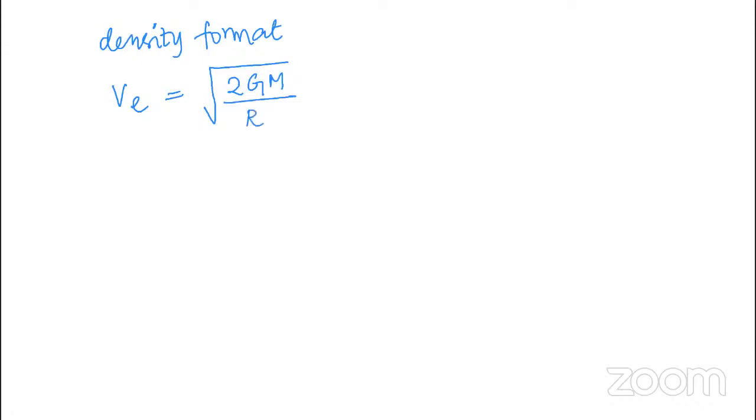Okay, we know the value for m. In the previous class we saw the value of m. What is that? M value is equal to 4 by 3 pi r cube into rho. Right? So here we have to substitute for m.